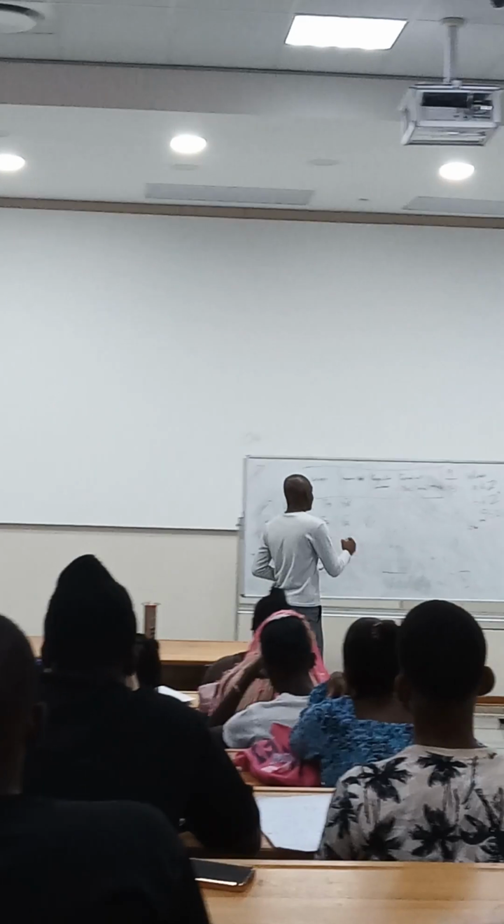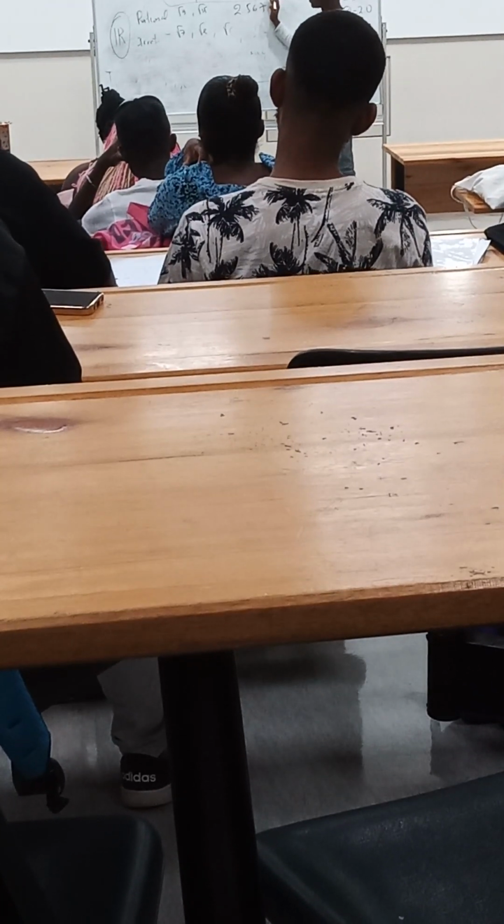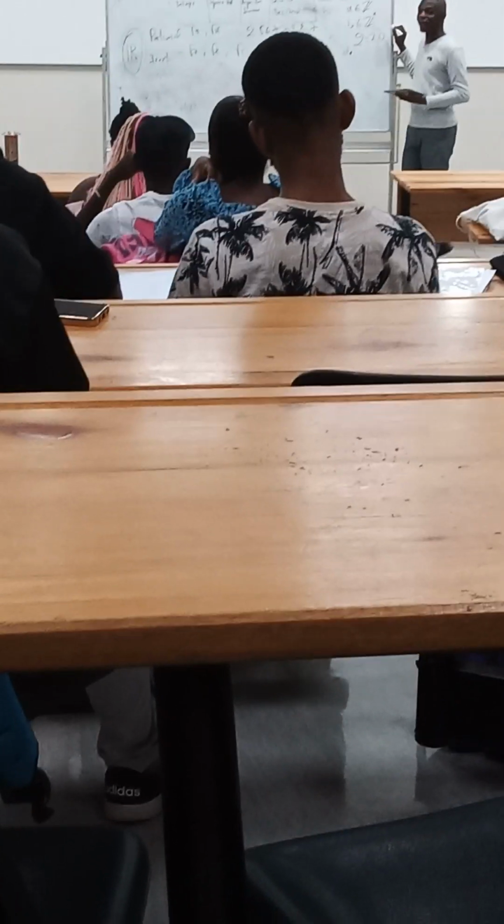You know what I mean? Okay, if I say 2.567, this is a finite decimal expansion. It's a decimal number, but it's finite. But an infinite decimal expansion can never end. Okay?